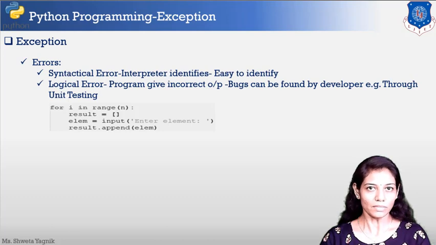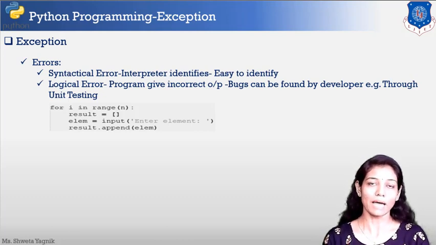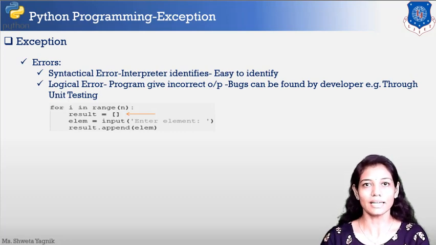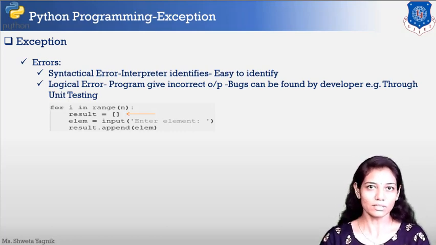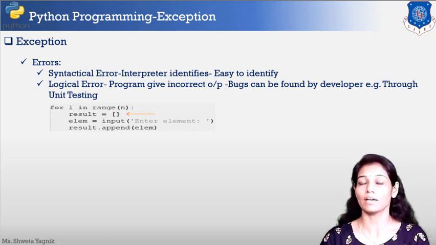I am taking the same snippet right now to discuss it. Here I am taking inputs from the user and appending them into an empty list. But the logical error which I made is that the list is declared inside the loop, so every time it is initialized as blank. That is the error, and that is what we solved.